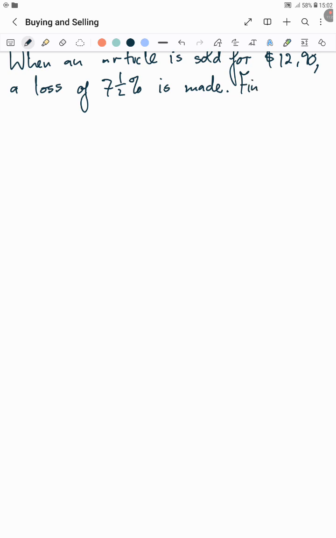Find the cost price of the article to the nearest cent.